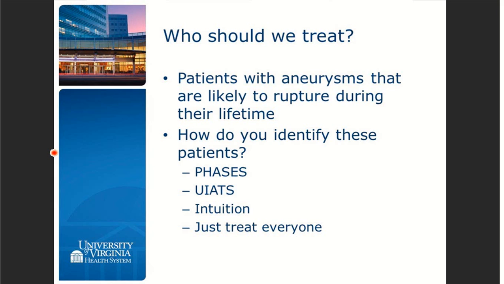For example, if you think about PHASES, which I'm sure you're going to talk about in a little bit more detail, in a patient with no other risk factors who has a 9 millimeter ICA aneurysm, the PHASES score is 3, versus a same patient with no other risk factors who has a 2 millimeter ACom aneurysm, their PHASES score is 4. So that doesn't really make it easier, at least in my practice, to identify those patients who I think are at highest risk of rupture.